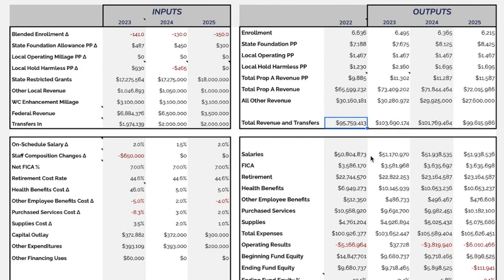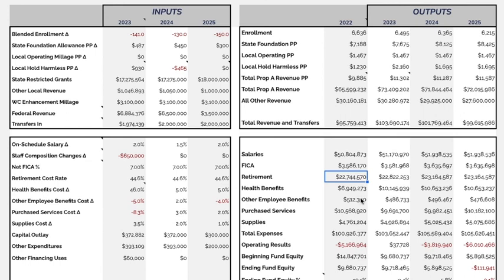So the total salaries of the district in 2022 were just under 51 million, which, as you can see, is already over half of the total revenues for 2022. Then we have to put FICA costs on top of that. Of course, retirement costs are a big component.